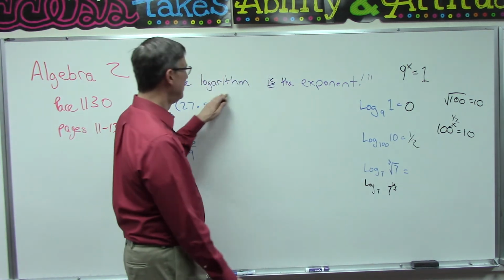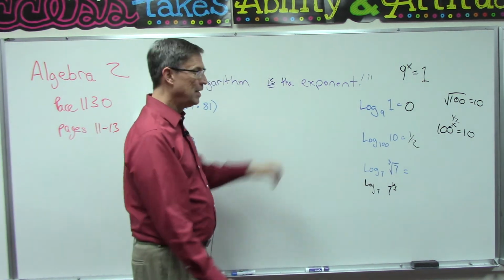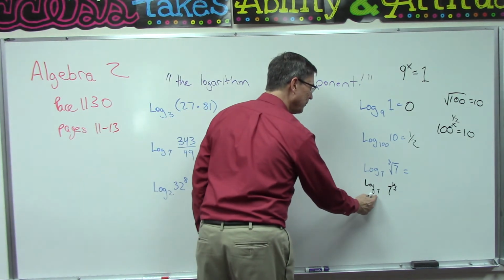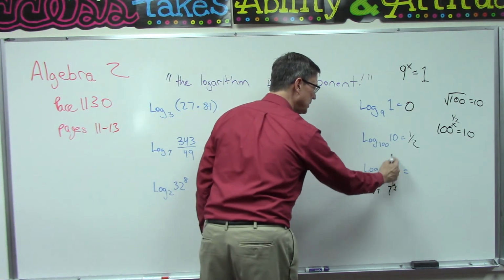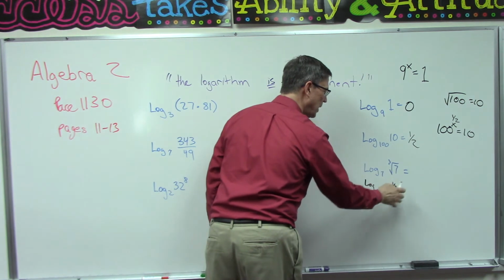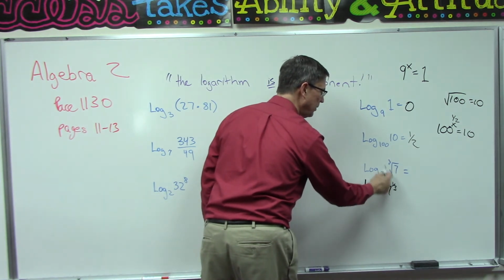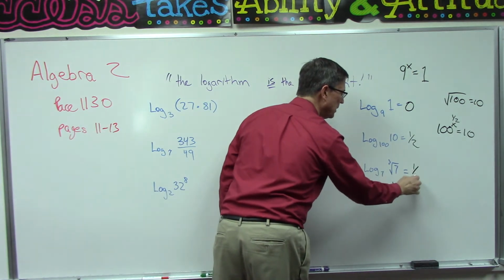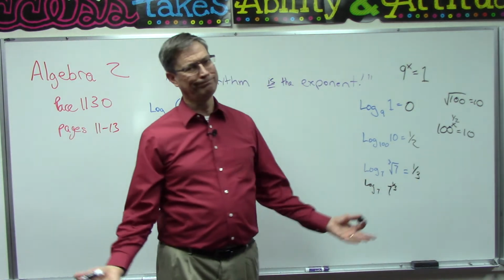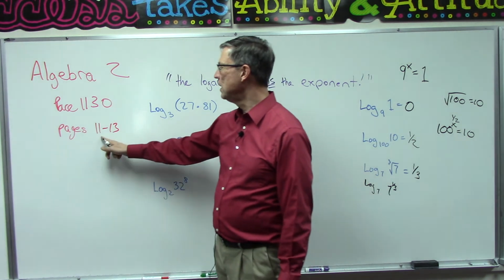Because the logarithm is the exponent. This is the base, and this is the same as this. So now I have it in the form 7 as the base and an exponent of 1/3, then that means the answer is the fraction 1/3. All right, so that's to help you do page 11.